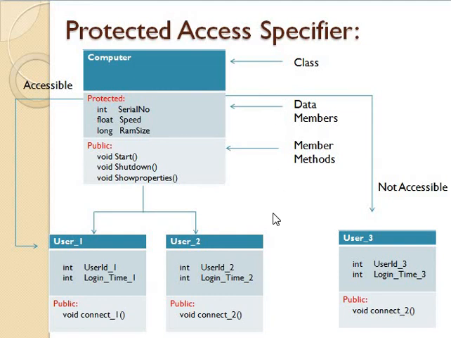Now if you look at this figure, for the class computer, the data members serial no, speed and RAM size were assigned the protected access specifier because it has been explicitly specified here. But for the classes user1, user2 and user3, look at their data members. They have not been assigned any access specifiers. So by default, these data members will be assigned the friendly access specifier.